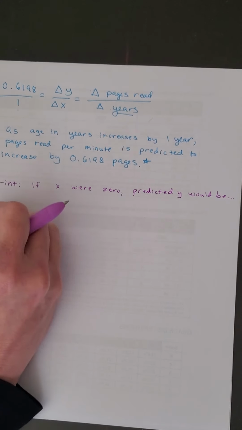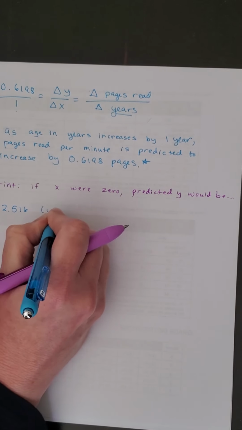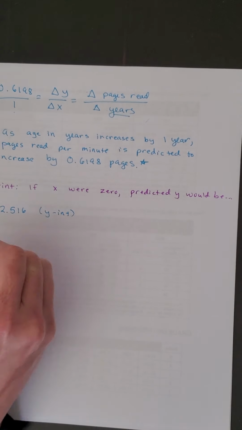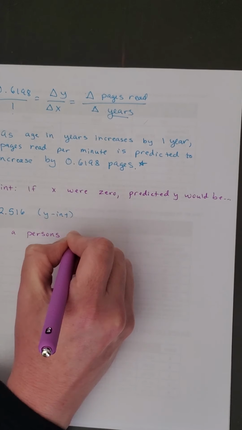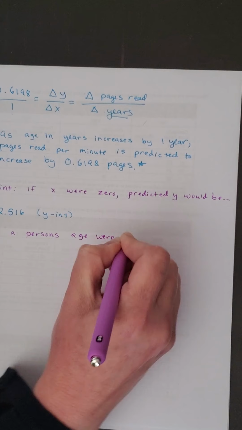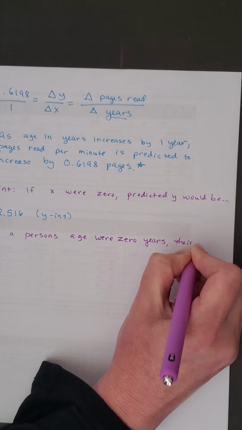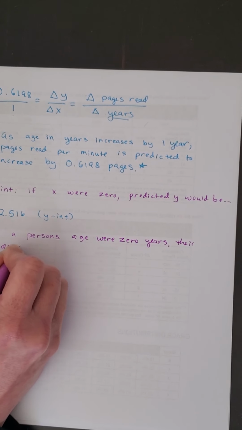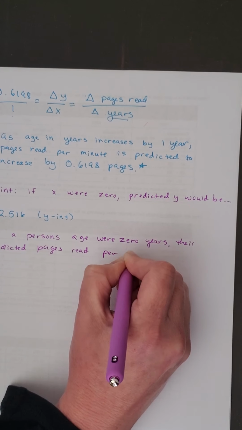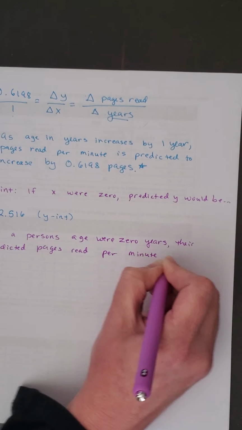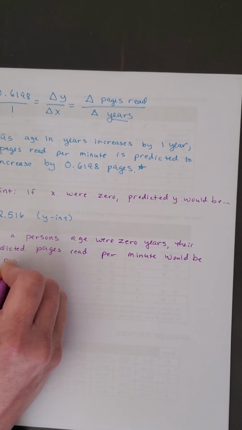So again, our y-intercept was negative 2.516. And so what that means is that if a person's age were 0 years, their predicted pages read per minute would be negative 2.516 pages.